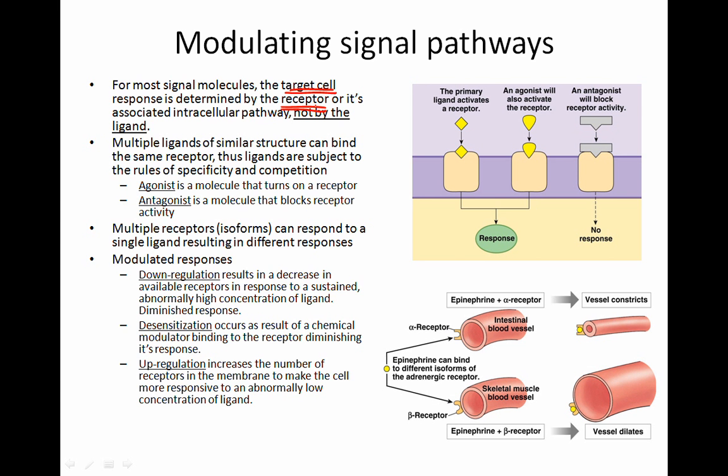When it acts on an alpha receptor, the response is dependent not on epinephrine but on the alpha receptor. It results in the vasoconstriction of a vessel. If a beta receptor is there, the response is different. It's actually opposite. You get vasodilation. So the signal is there to say, time to do something different.